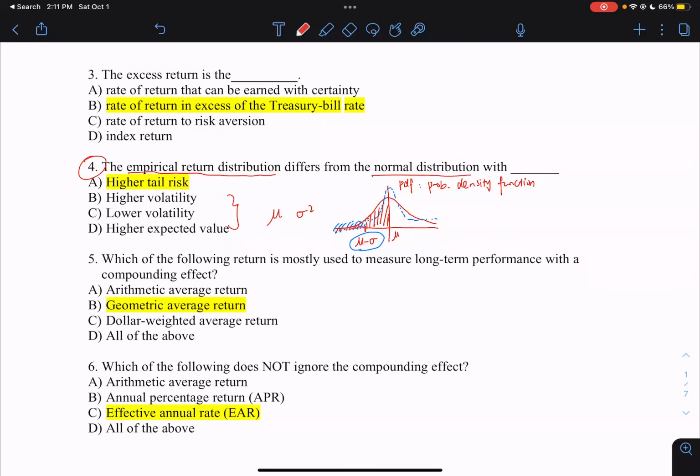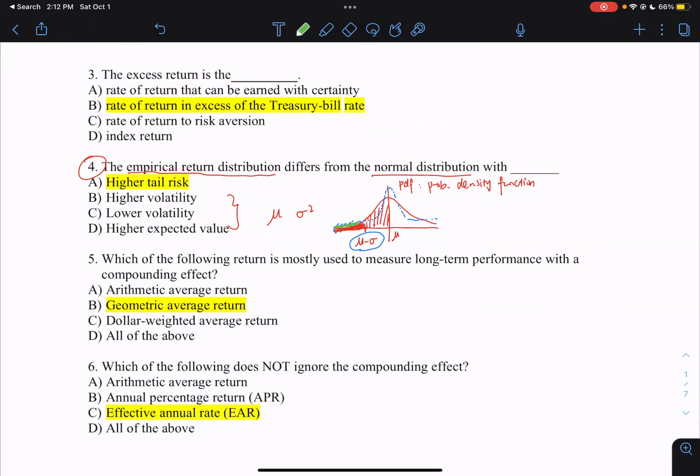The shaded area will be bigger if you use the blue dotted PDF, meaning the probability that your return goes to the very extreme negative values will be higher than with the standard normal distribution, where the probability is the red shaded area here. The difference is in green, this part.